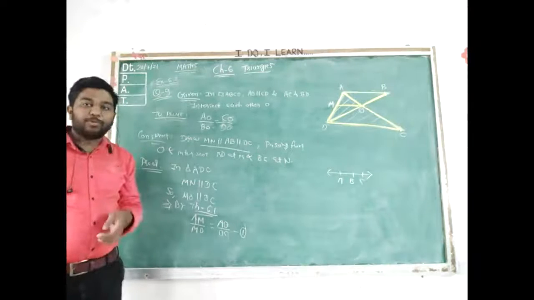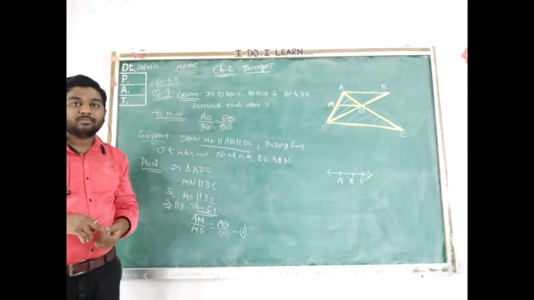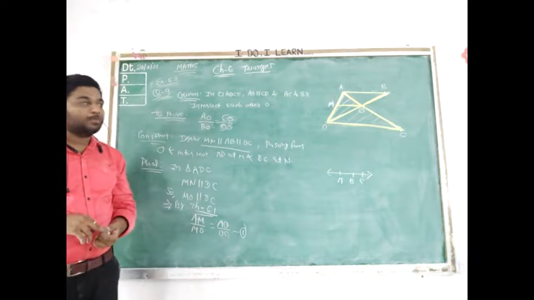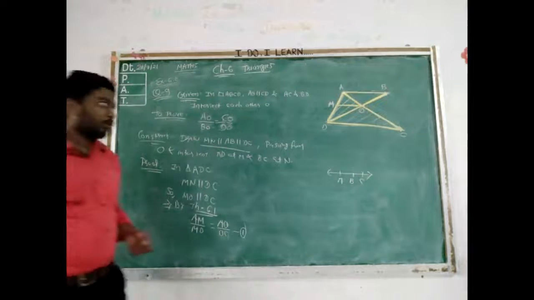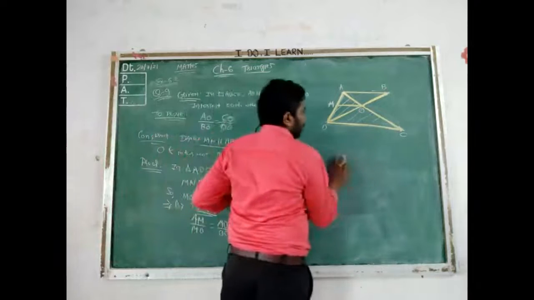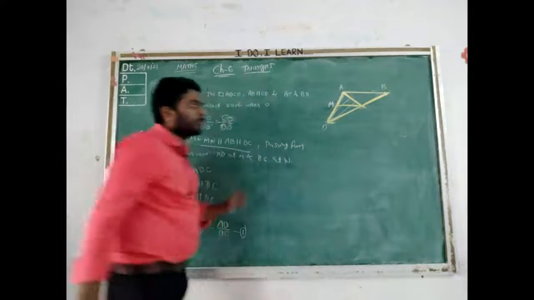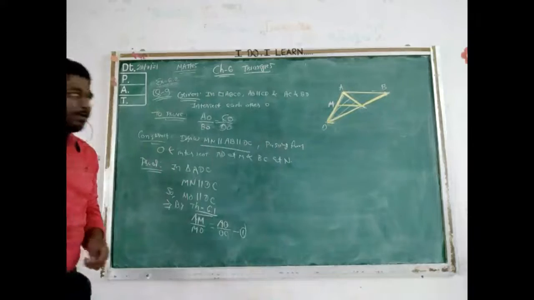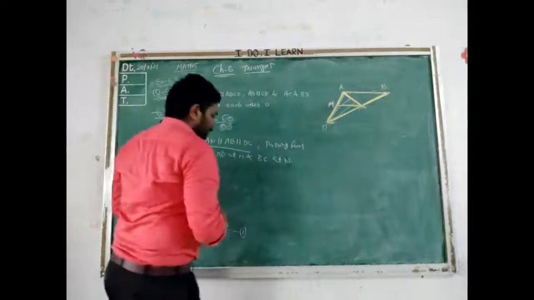Any doubt? Up to this, any doubt? Okay, no doubt, then I'm removing this part as well. So MO and AB both are parallel.